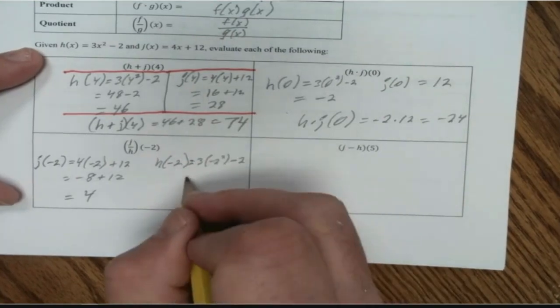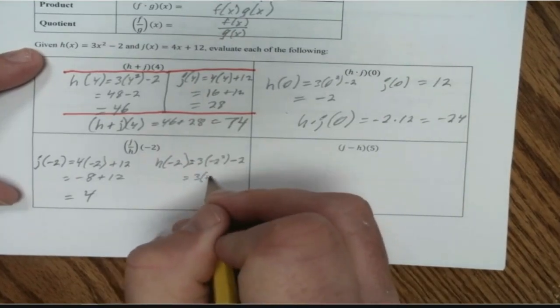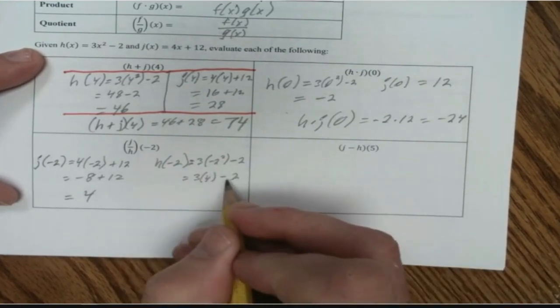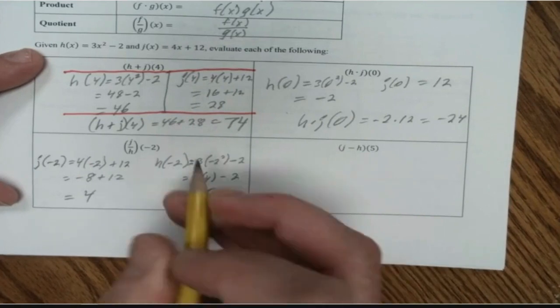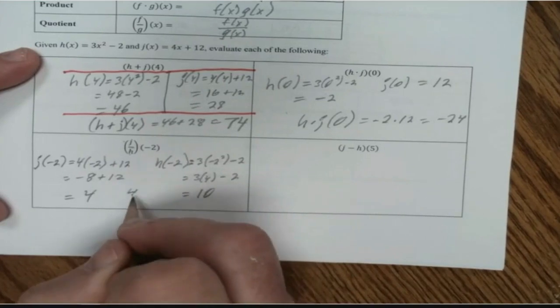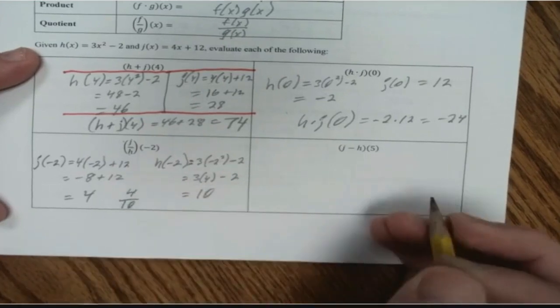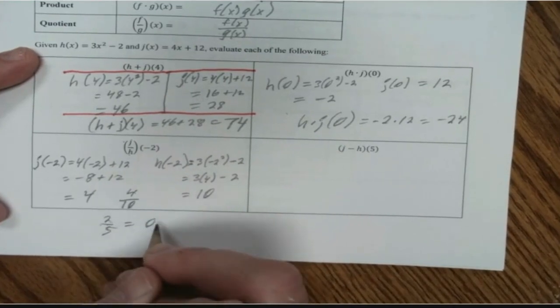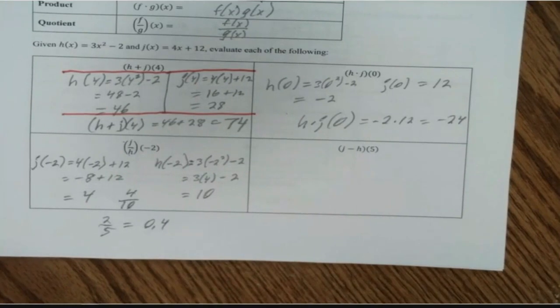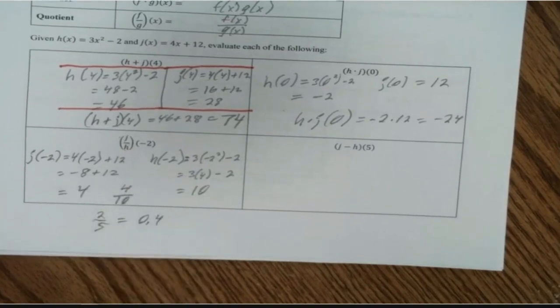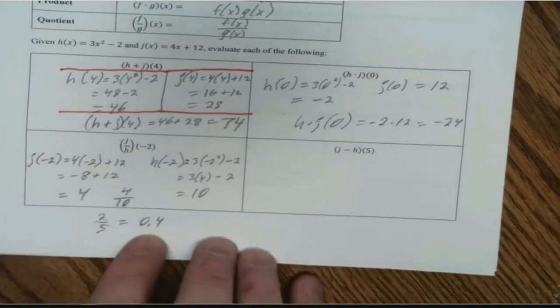Negative 2 squared is 4. So that's just 3 times 4 minus 2. So 3 times 4 is 12 minus 2. So this equals 10. So j divided by h, here's j, 4 divided by 10. So that would be either 2/5 or 0.4. So the answer would be 2/5 or 0.4.